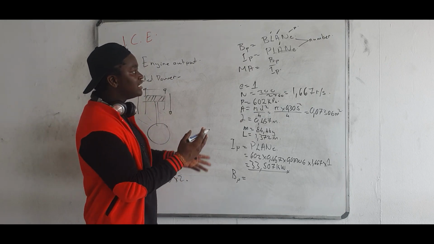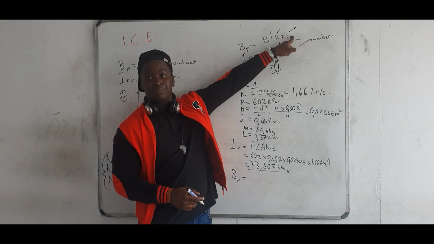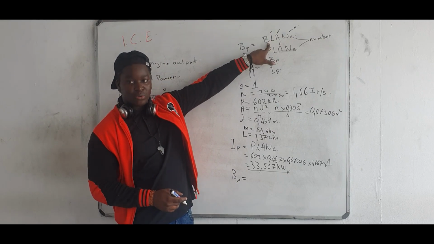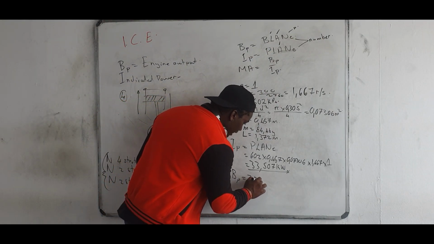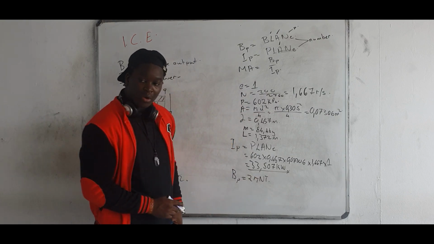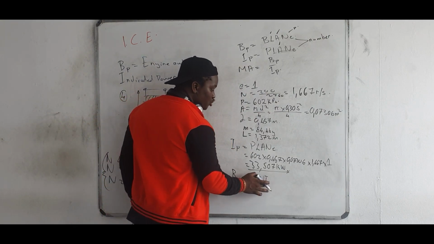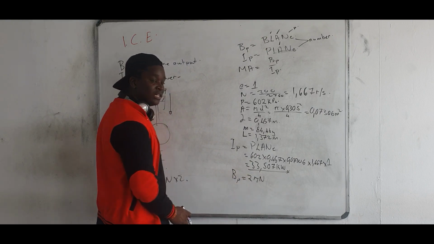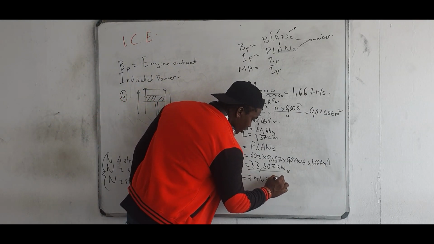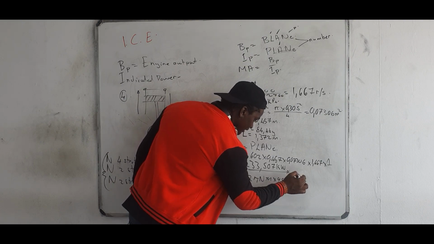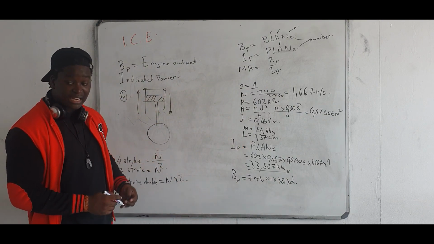If you're given all these things, we can't use this one because we don't have brake pressure. So we're going to use our formula, which is 2 pi N T. Now, remember that you can also factorize your formula for calculating torque, which is equal to m times 9.81 multiplied by the length. Are we together? This is the length of the arm.